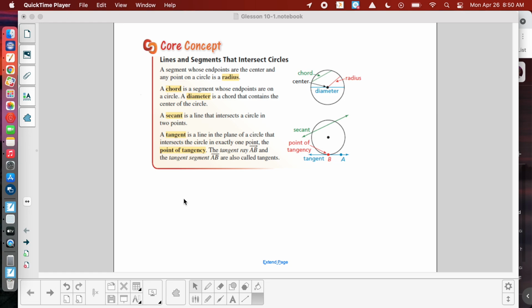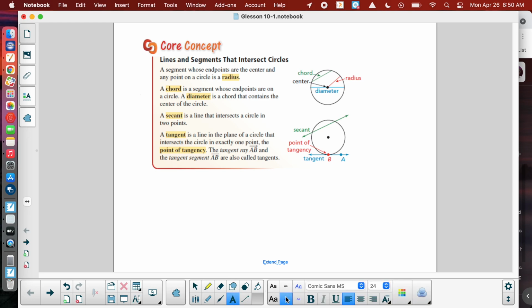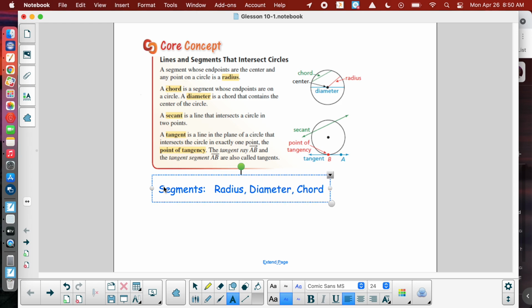So, a couple things to keep in mind, and this does kind of show up in the assignment, so maybe worth looking at, is that some things are segments, okay? And those are radius, diameter, and a chord, which have to be segments.